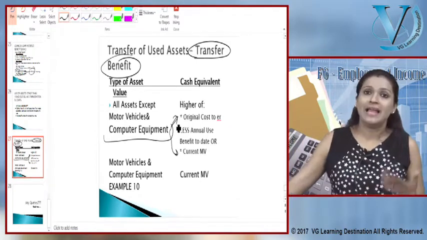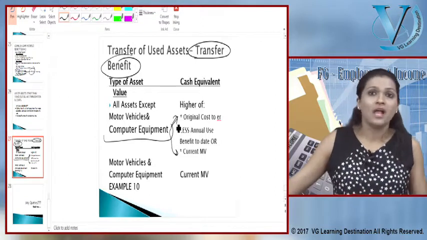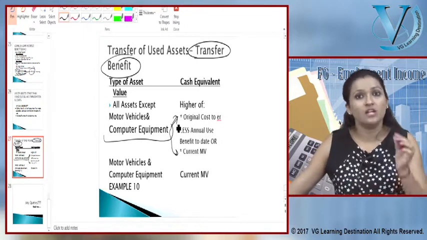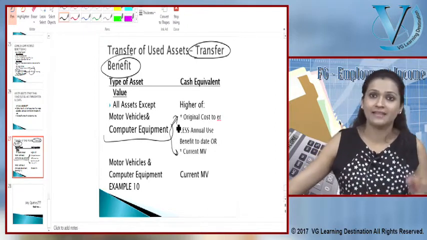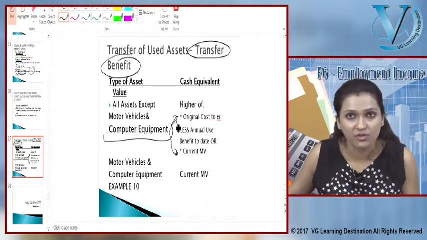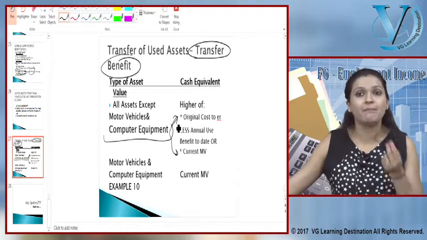So supposing, like an example, you've used a laptop of the employer throughout the useful life of the laptop. So you will be charged an annual use benefit. Apart from that, at the end of the life, say 8 years, this laptop actually gets transferred to the employee. Only then it becomes the property of the employee now.